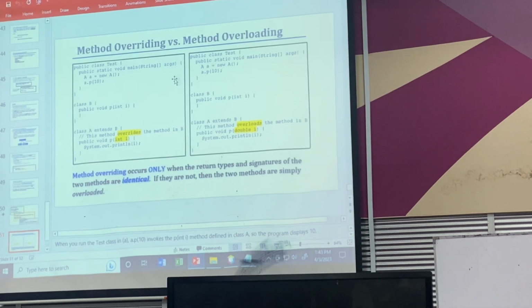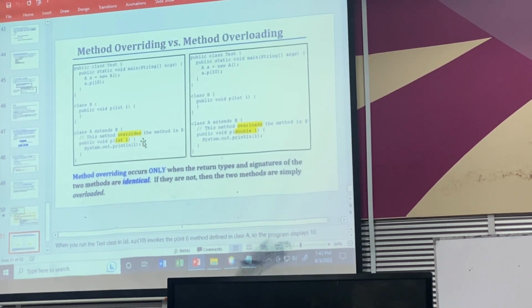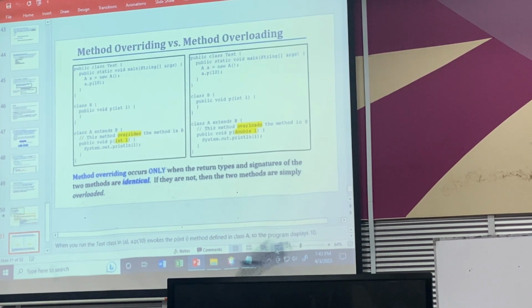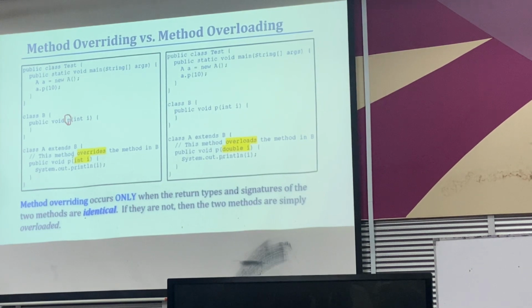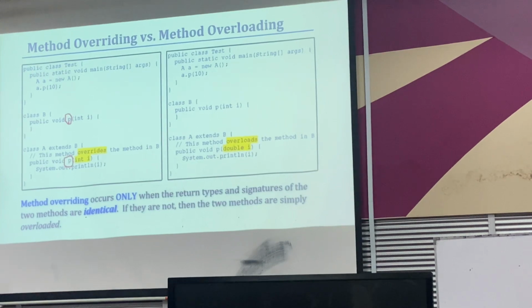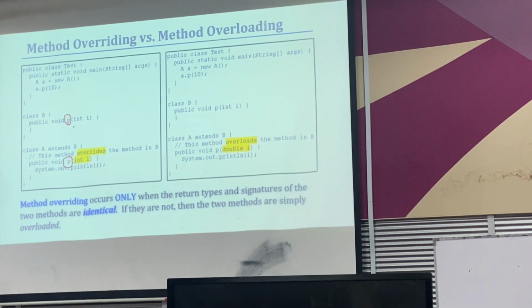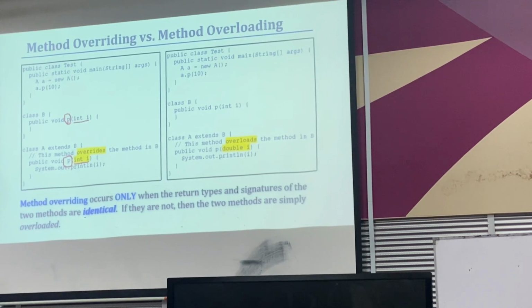With these two you have to know which one is override and which one is overload. Is the left hand side overriding or overloading? How do you know? You check the name and also the signature. This one is p, this one is also p, with one parameter of integer data type, and this one is also integer data type.